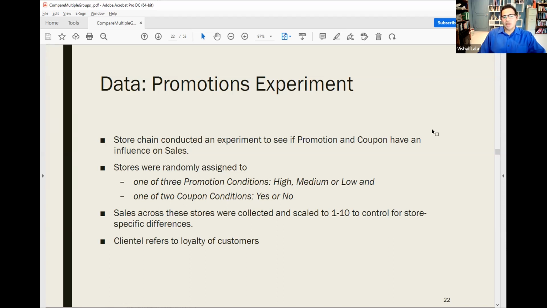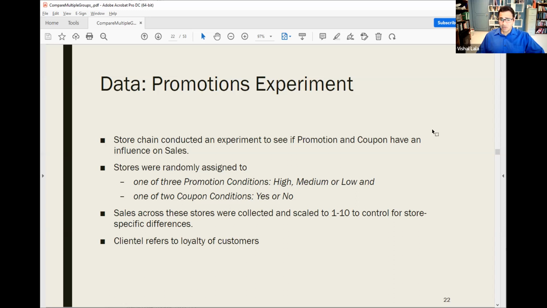So they randomly assigned their stores to one of 3 promotion conditions, high, medium, or low, and to one of 2 coupon conditions, yes or no. High promotion meant there was a big discount, medium promotion, a medium discount, and low promotion, a lesser discount. Half the stores had a coupon being offered, the other half did not.